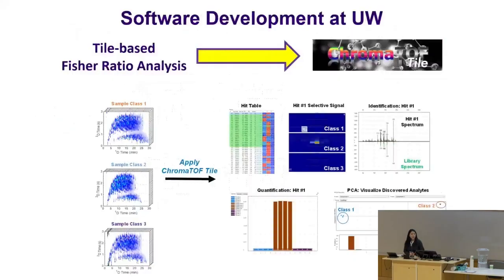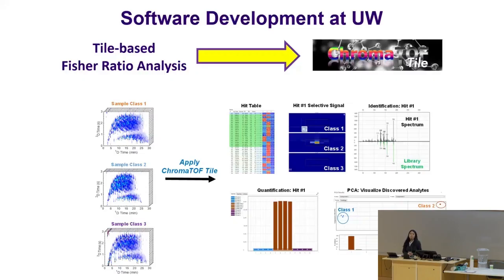This method was further acquired by the LECO company and implemented in ChromaTOF Tile. After processing in ChromaTOF Tile, we have a hit table including all the possible hits. For a specific hit, we can look at the selective signal at a specific mass channel that passes the user-defined F ratio threshold.